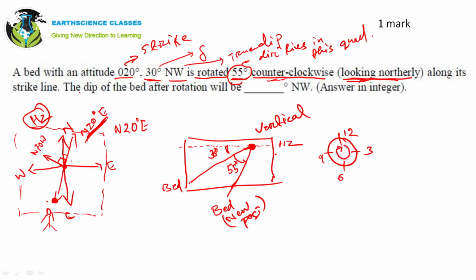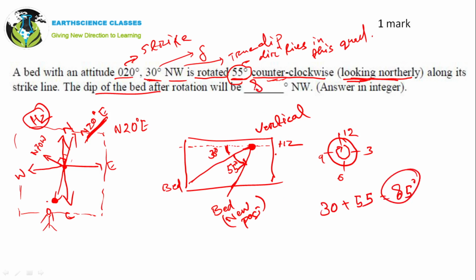So what will be the new dip of the bed after rotation? Dip is always measured from horizontal. So previously it was 30, you have rotated 55 degree more. So the dip amount will be 30 plus 55, equal to 85 degree. That will be the answer.